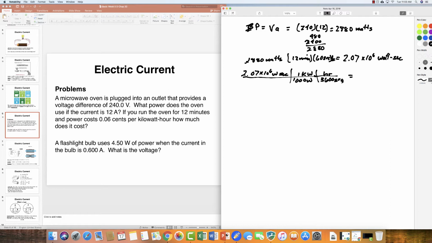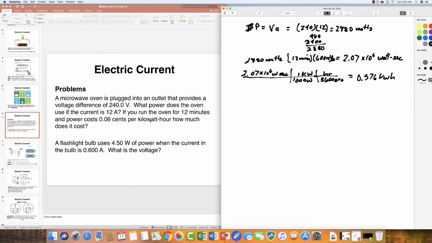So if we take this number and divide it by 1,000, and then divide it again by 3,600, we get 0.576 kilowatt hours.